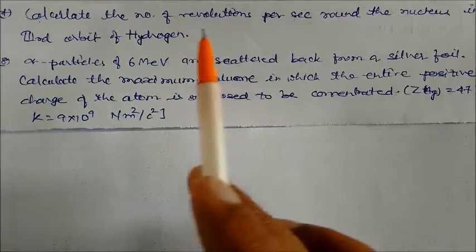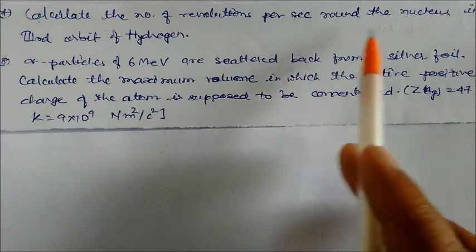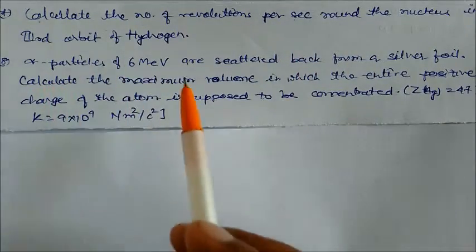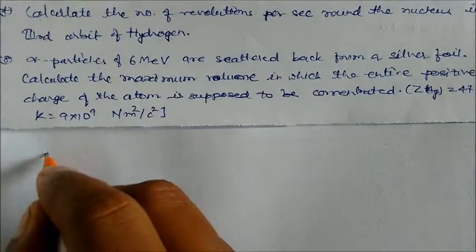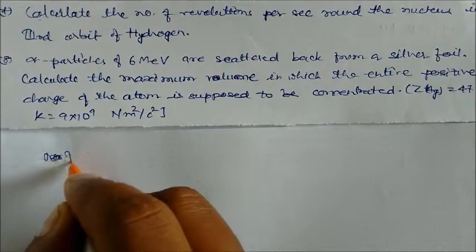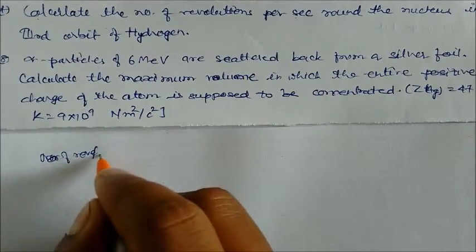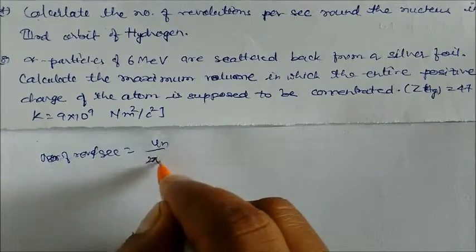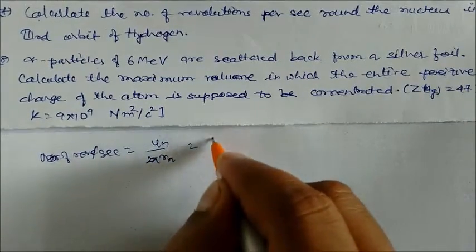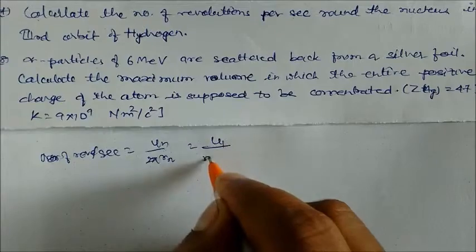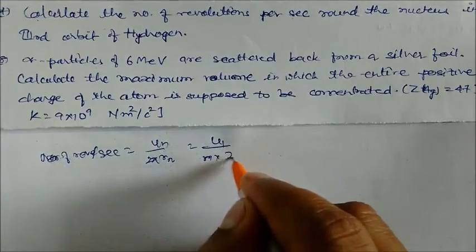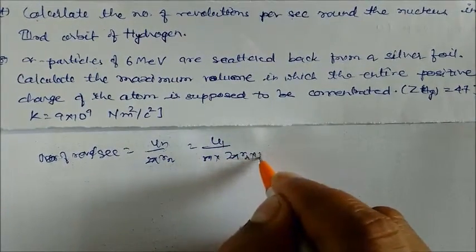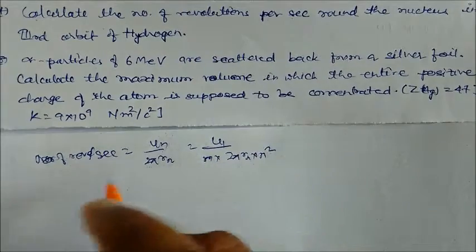The number of revolutions per second round the nucleus in the third orbit of hydrogen. So here the number of revolutions per second is equal to v_n divided by 2 pi r_n, that is v_1 divided by n, into 2 pi r_n into n square. This is given here.